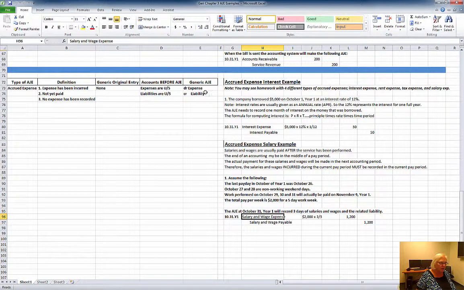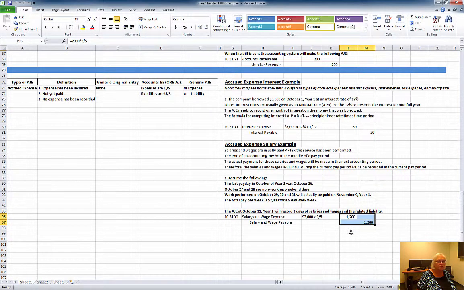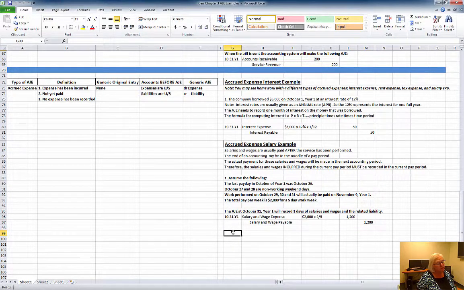We will credit our liability, which is salary and wages payable. We take our $2,000 for a 5-day work week, multiply it by 3/5, 3 days out of 5 working days, and it will be $1,200 is our entry. Okay, it's all in the reading and comprehension. You have to read the problem carefully, comprehend what it's saying, which may mean put it into words you understand, and then figure out what's happened and make the appropriate journal entry.